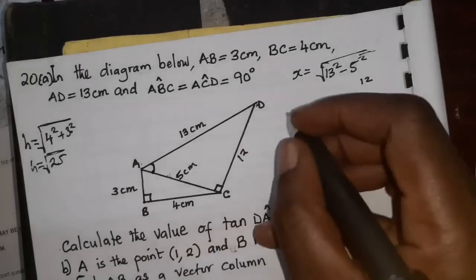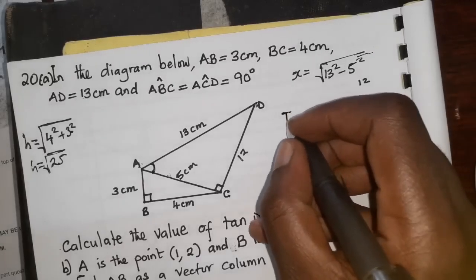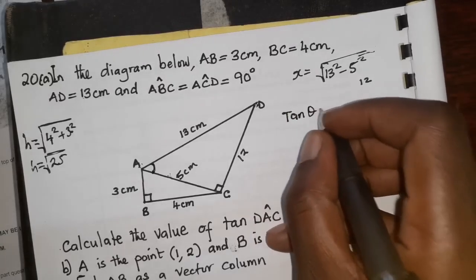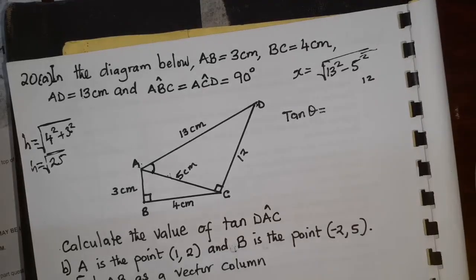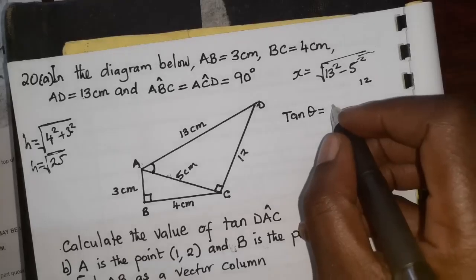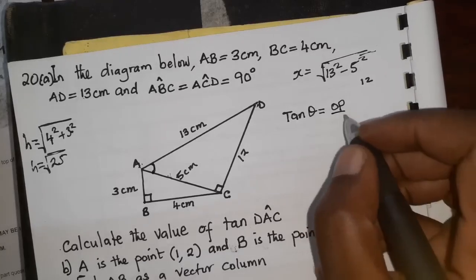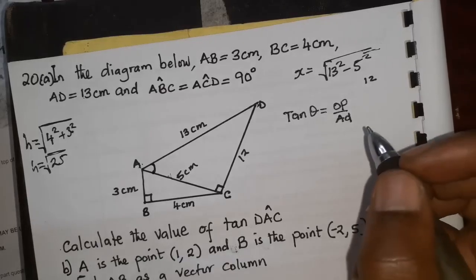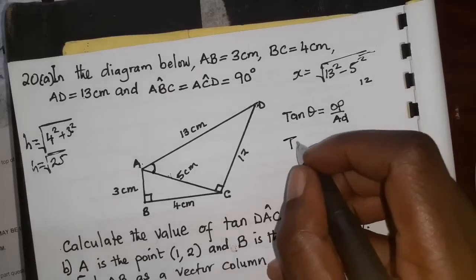The most important thing for us is first of all to know that tan theta is equal to what? Tan theta is equal to opposite over adjacent.